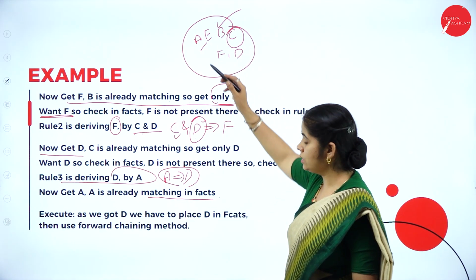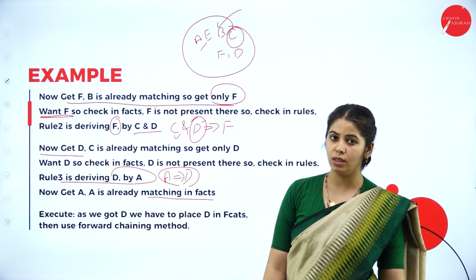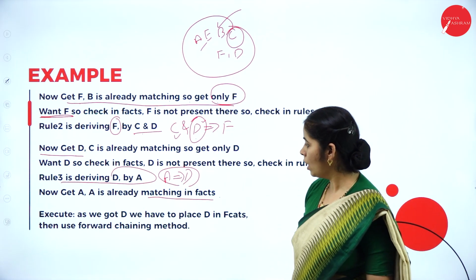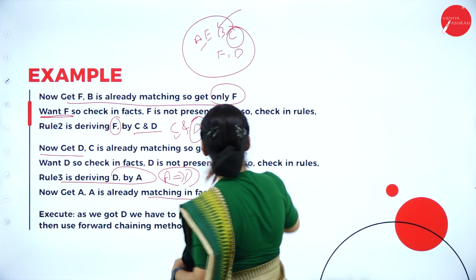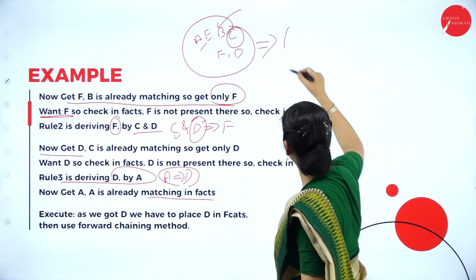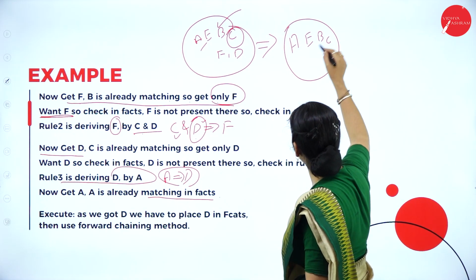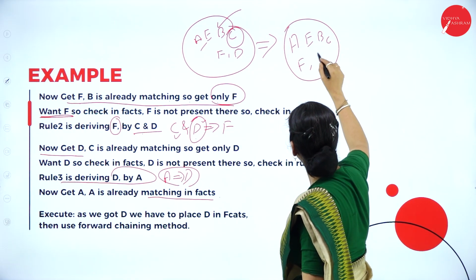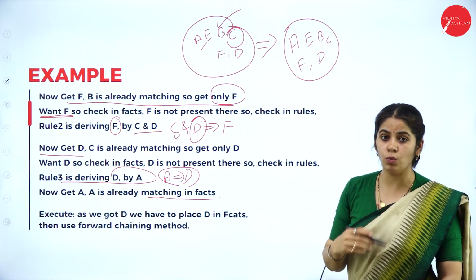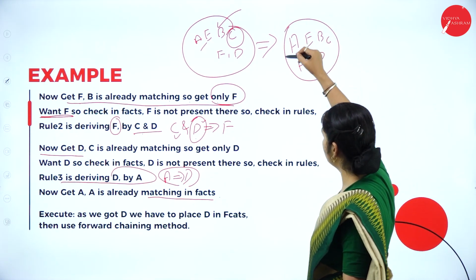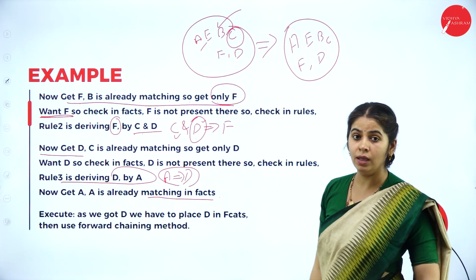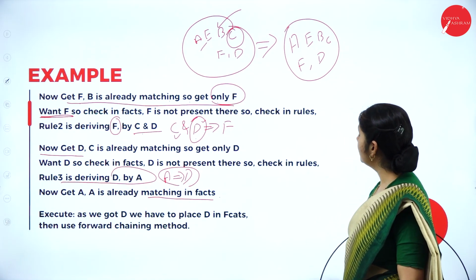After getting this, we execute using forward chaining. What will forward chaining do? After backward chaining, what do we have in the facts? A, E, B, C with F and D. By using these facts, can I get Z?